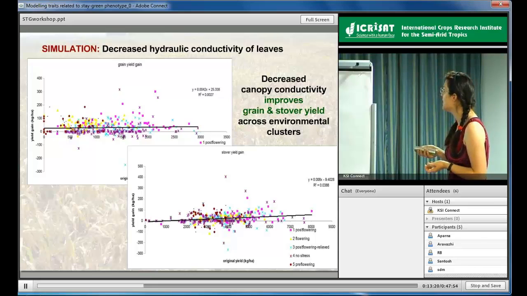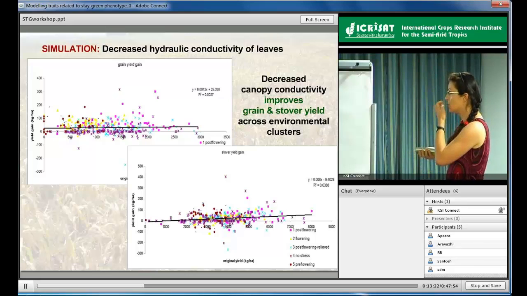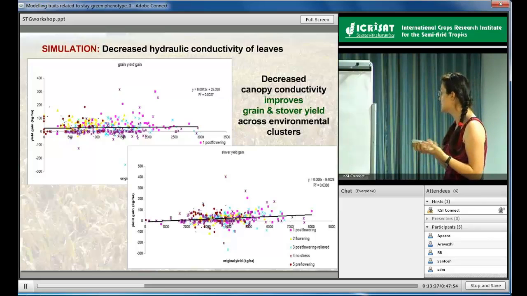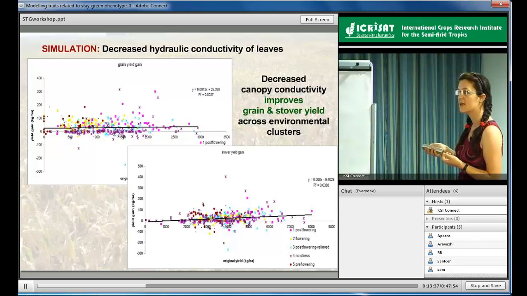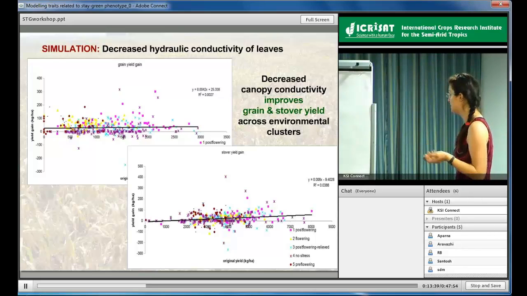So if we virtually introgress this trait to M35, that common Maldandi sorghum, you see that there is a flat increase in the amount of grain yield across all those scenarios of stress patterns.